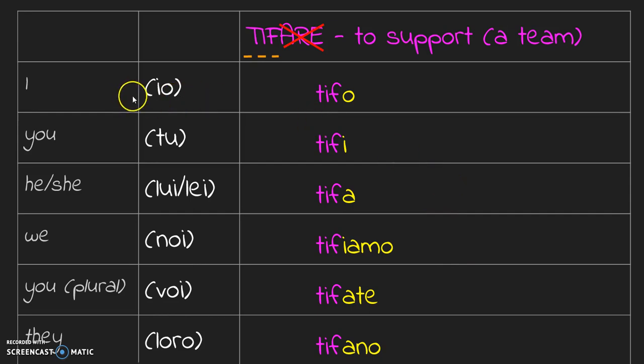So, I support, tifo. You support, tifi. He or she supports, tifa. We support, tifiamo. You plural, all of you support, tifate. And they support, tifano.